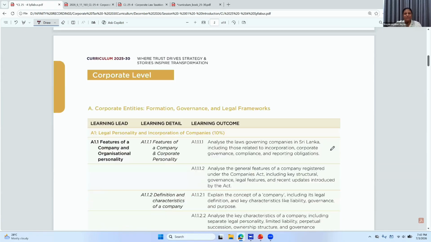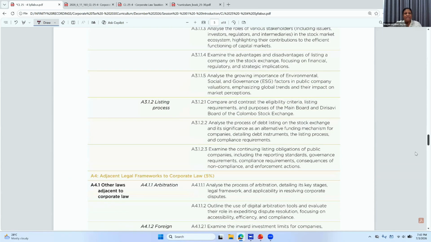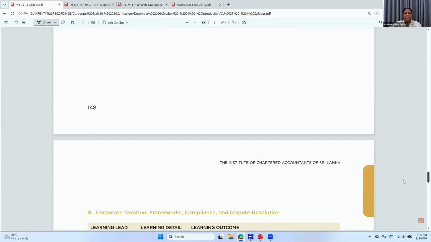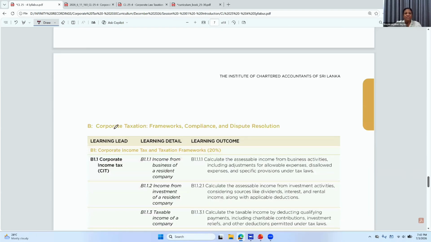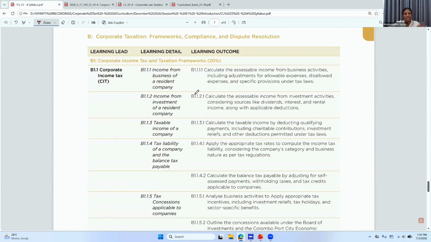Now I come to the tax area in your syllabus: corporate taxation framework, compliance and dispute resolution. What is the first thing? In B1, corporate income tax and taxation framework, it's 20%. First is corporate income tax, CIT.